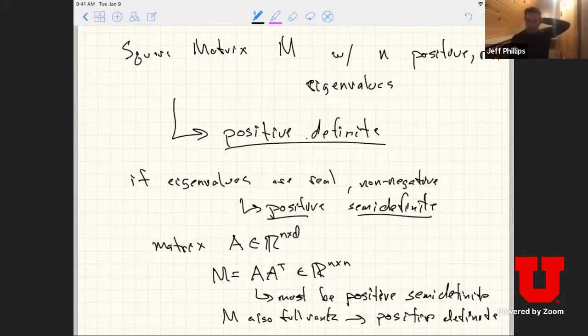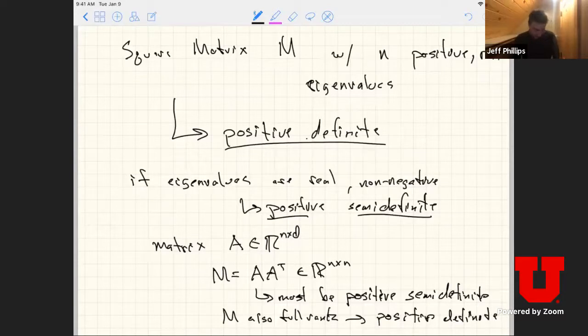So that's how we know, based on our original data, whether M is going to be positive definite or positive semi-definite once we've created it this way by A A transpose. Or you could do A transpose A, that works just as well, because if you take a transpose twice, you get back the original matrix. If I did A transpose A, then it would be a d by d matrix M. I can consider both of these, and we'll talk about these in context later in the semester.